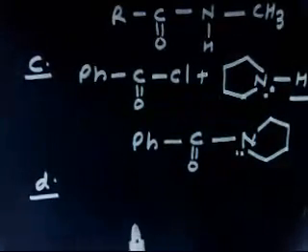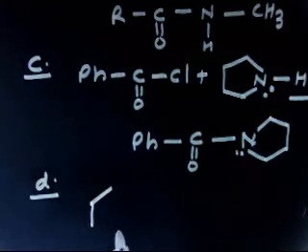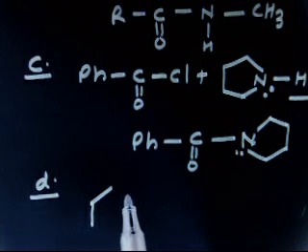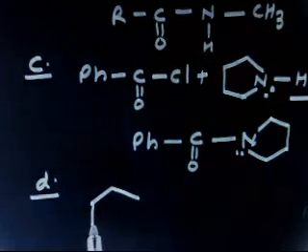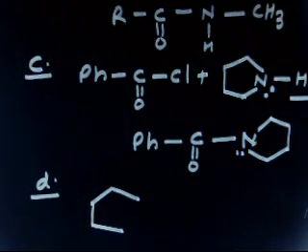Let us do part D. So this is again an easy one. So you have this side something like this. You have a 6-membered ring with an O. So let me make something like this. I have a 6-membered ring: 1, 2, 3, 4, 5, 6.